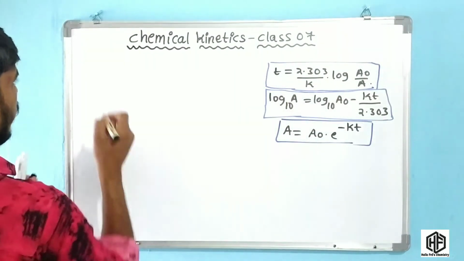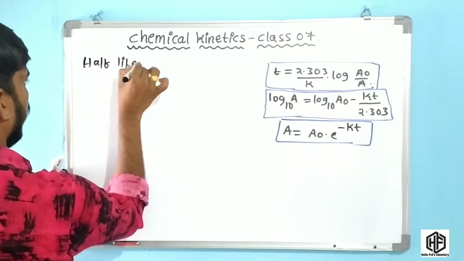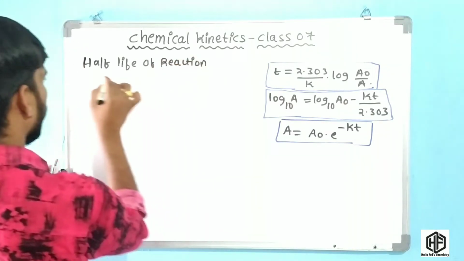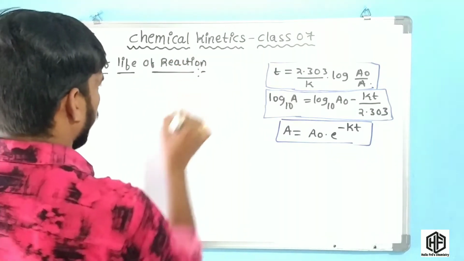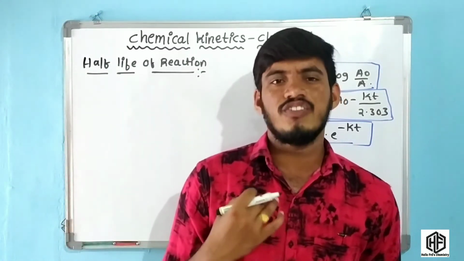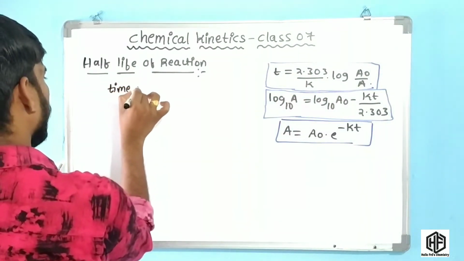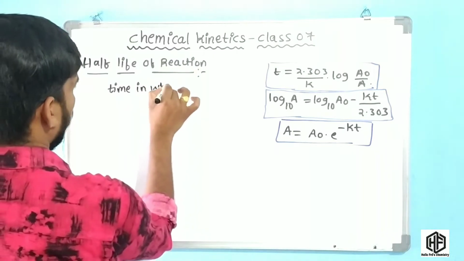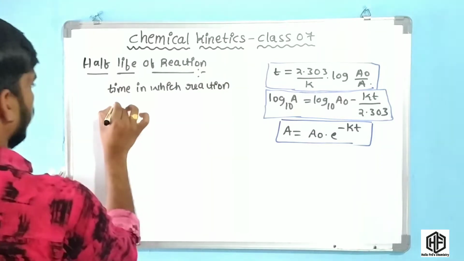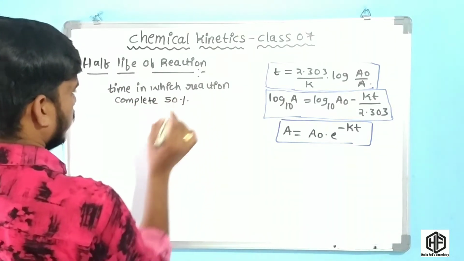Half life of first order reaction. What is half life of a reaction, friends? You know that the half life of a reaction is the time in which the reaction is 50% complete.